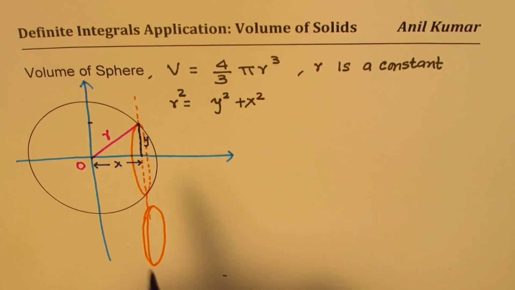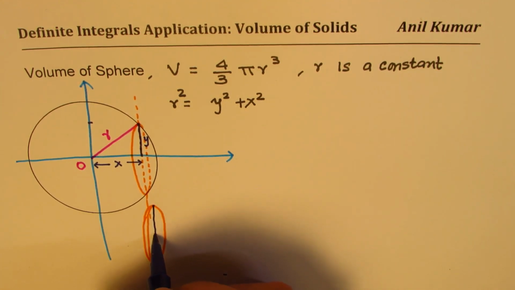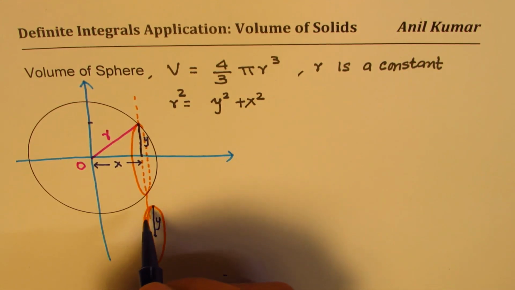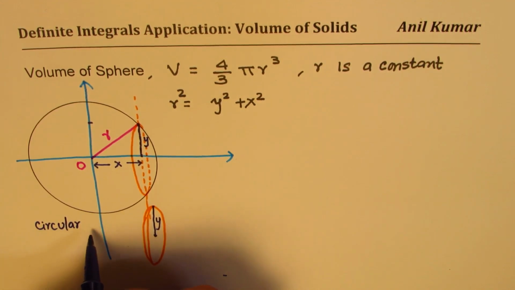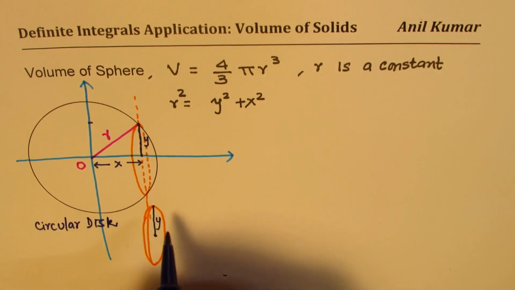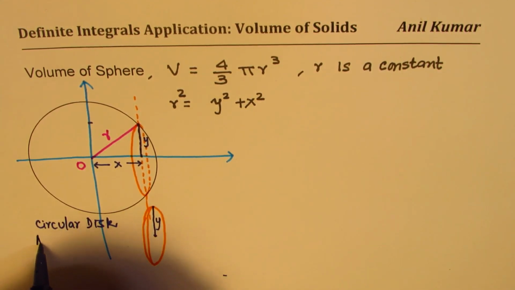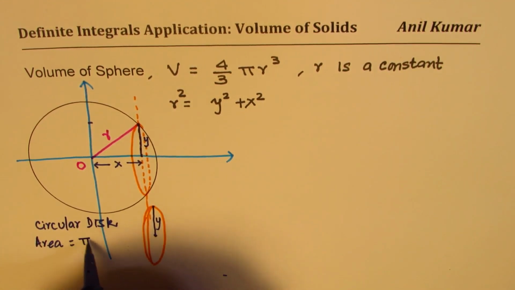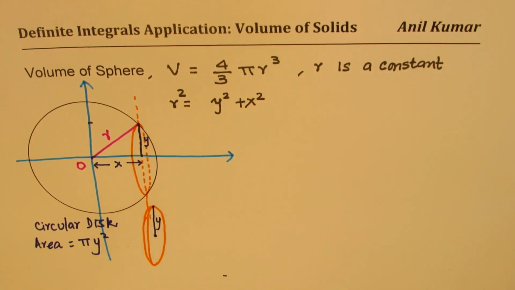As shown here in the figure, y is the radius of this circular disk, right? So what we have here is a circular disk. Here, the radius is y. So the area of this disk is how much? Since it is a circle, the area will be pi y square, since y is the radius. Correct?